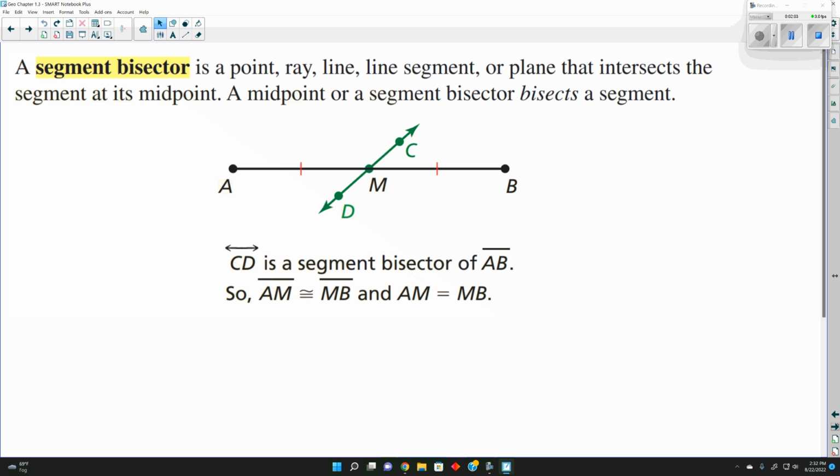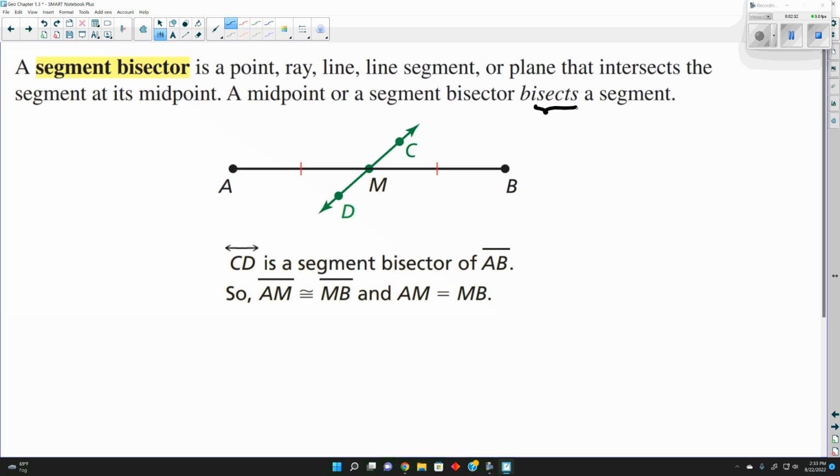A segment bisector is a point, ray, line, segment, or plane that intersects a segment at its midpoint. So a segment bisector cuts a line segment in half. It bisects it, because if we look at the word bisect, when we talk about the roots, sect is to cut, and bi is two.